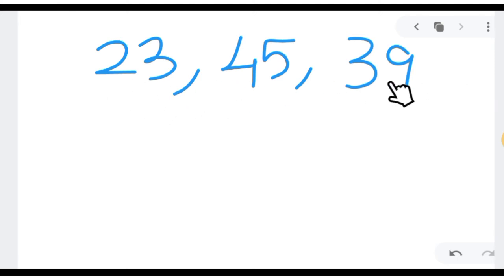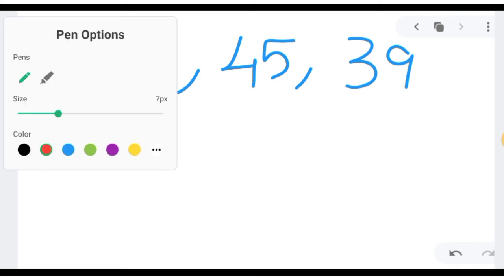Here we have 2-digit numbers, right? In 2-digit numbers, what places do we have? Ones and tens place. For comparing the numbers, we are going to see the first digit in each number. Let's see here. 2, 4, 3. Which is the smallest here? 2 is the smallest. So we should write that first.